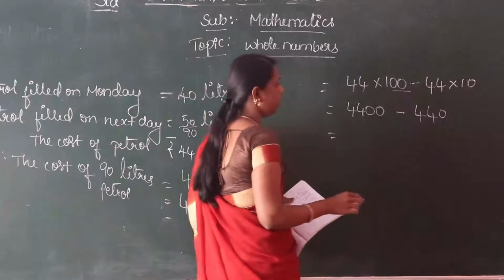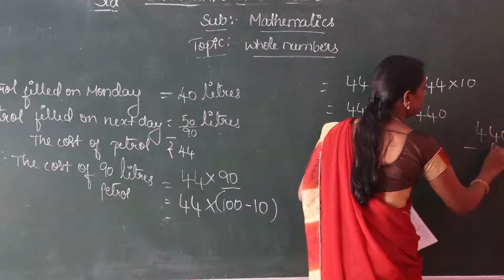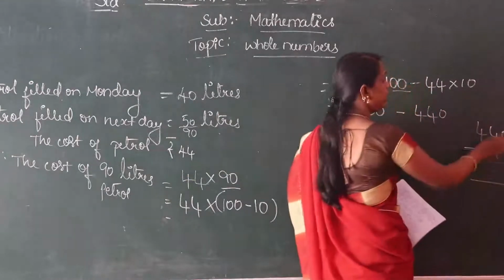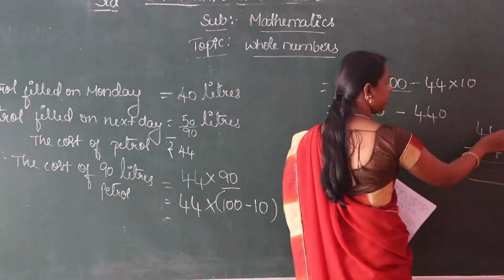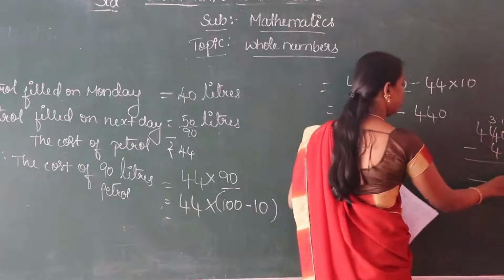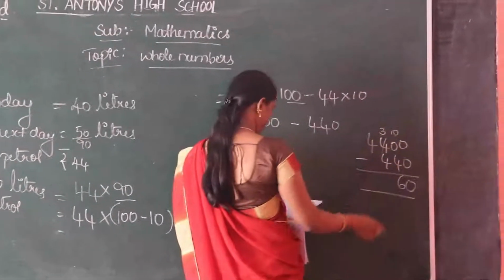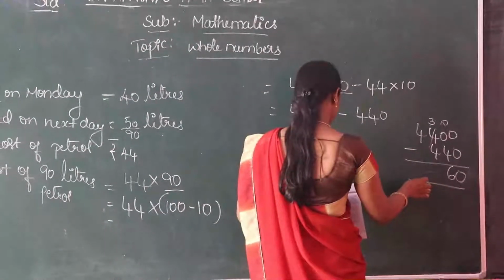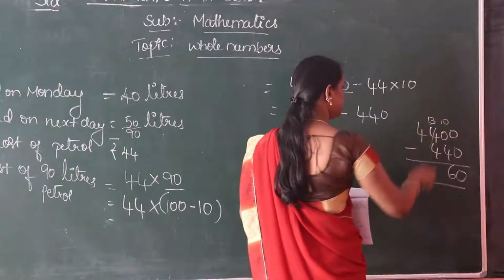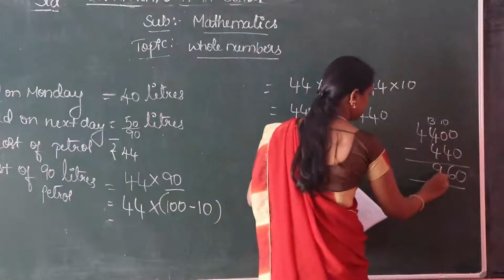So subtract this one, 4400 minus 440. Here 0 minus 0 is 0, 10 minus 4 is 6, then borrowing, 13 minus 4, you get 9.